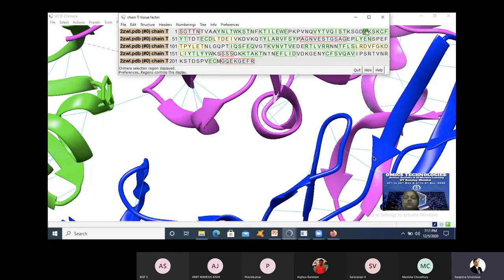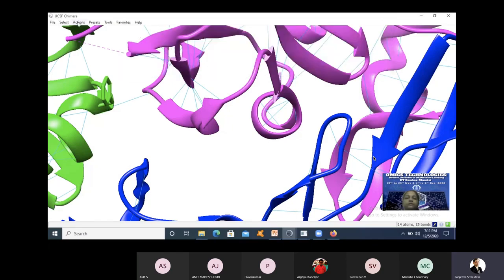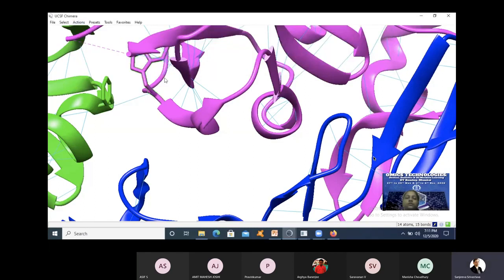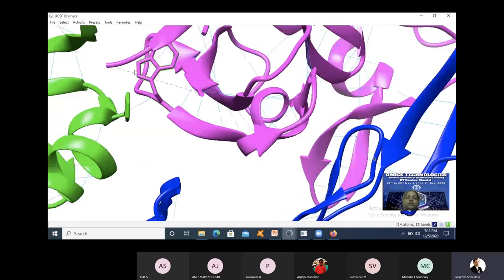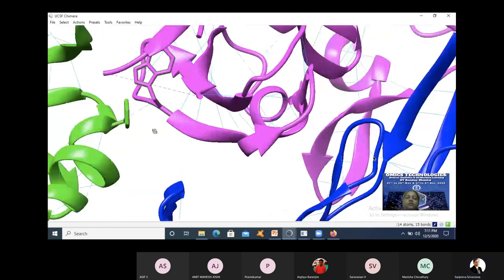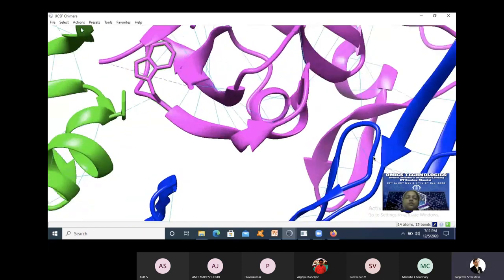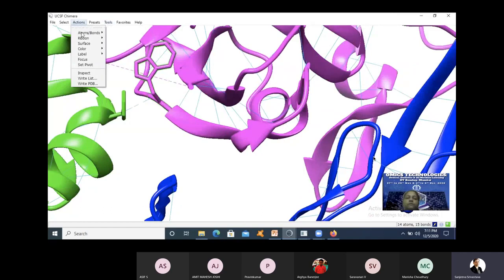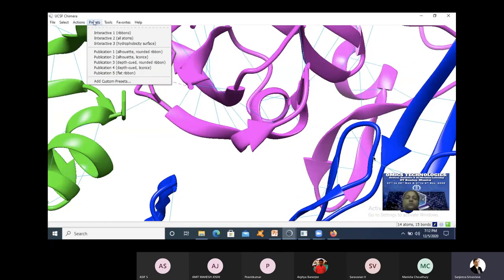I'll go to actions, show. So you can see this format. It has come in the ball and stick format.